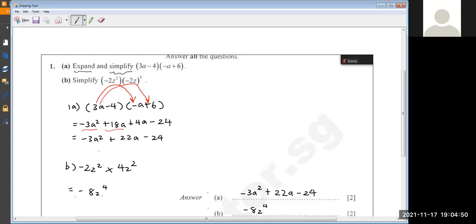The first arrow, you get minus 3a squared. And you continue for the -4 and this minus a, you get this, correct. And over here, correct. So that's the first step, by opening the brackets first. And next, you just have to do this. Do you think you can simplify this further?